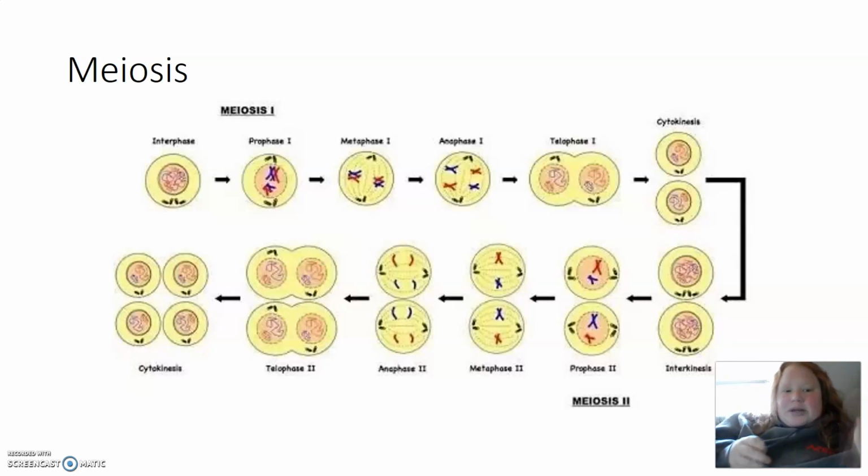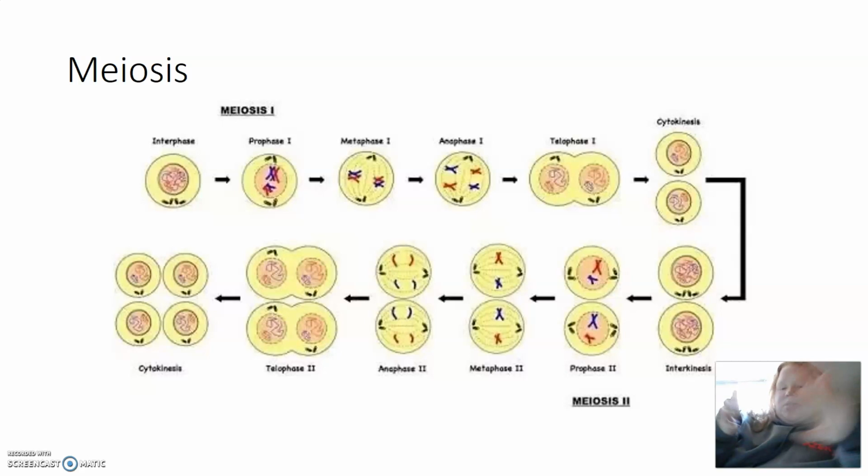So that's happening at the beginning of meiosis 1. So prophase 1, find their partner, do some crossing over. Metaphase 1, you have those chromosomes lining up along the metaphase plate in the middle of the cell. Anaphase 1, those chromosomes are being pulled apart. And then telophase 1, your new nuclear envelopes are forming.